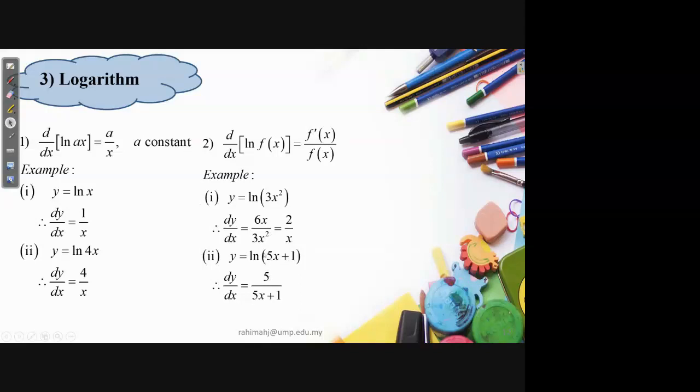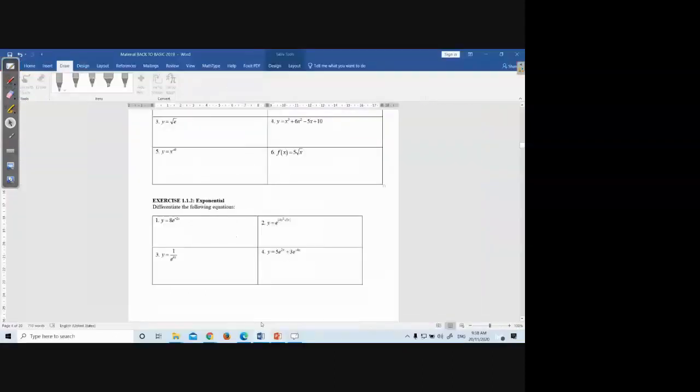First differentiate our function, so we have 5 and divide by, we just copy f x, 5x plus 1. So you can refer to your worksheet.